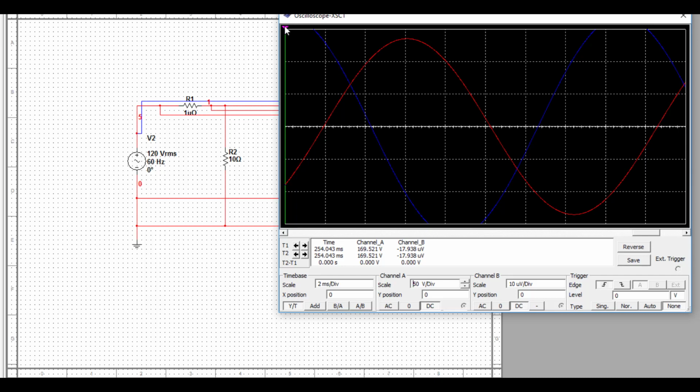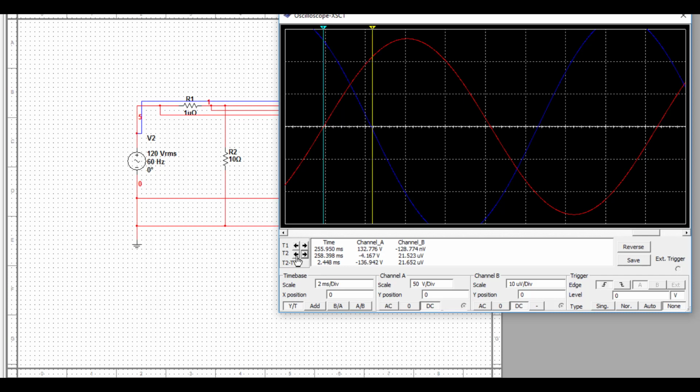So I'm just going to take these markers and align them with a zero, as close as we can to a 0 point, and then we're going to do the same thing with the voltage. So I'm looking at channel A now and time 2.